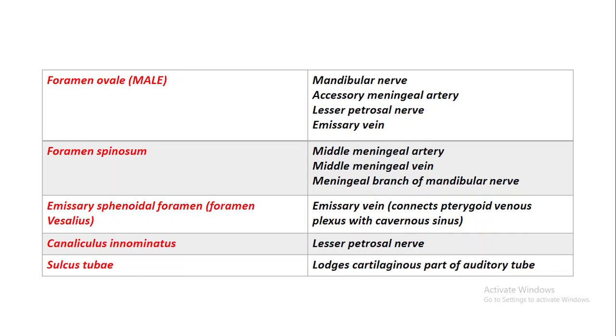Canaliculus innominatus, whenever it is present, lodges the lesser petrosal nerve. And sulcus tubi lodges the cartilaginous part of auditory tube. For the structures transmitted through foramen ovale, there is a mnemonic, MALE: the mandibular nerve, the accessory meningeal artery, lesser petrosal nerve and emissary vein.